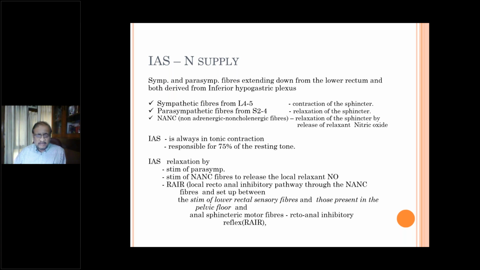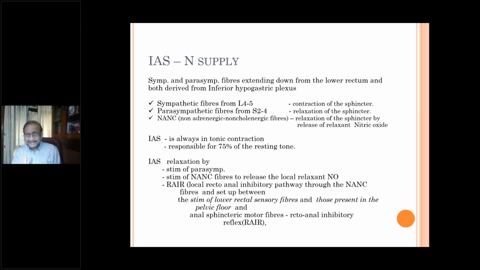Relaxation, I just now said, is by stimulation of parasympathetic, stimulation of NANC fiber. One more important thing which relaxes the sphincter is the local rectoanal inhibitory pathway, or the RAIR pathway. This is set up through the NANC fibers. And how is it set up? As soon as the lower rectal sensory fibers are stimulated with the arrival of feces, two fibers are stimulated.